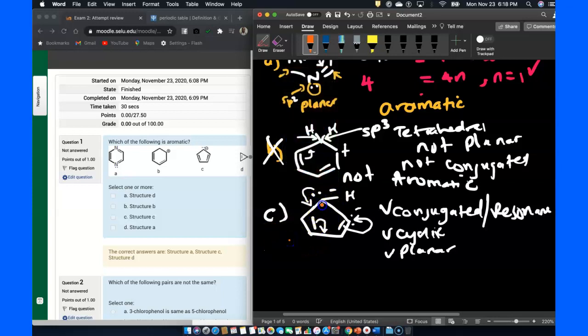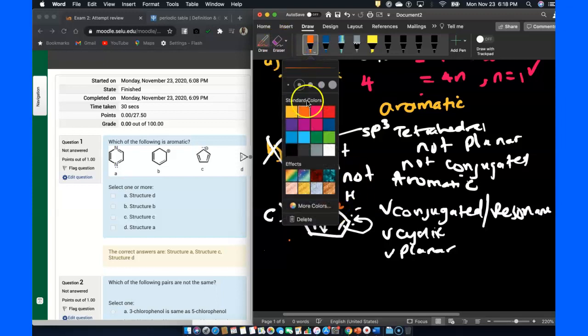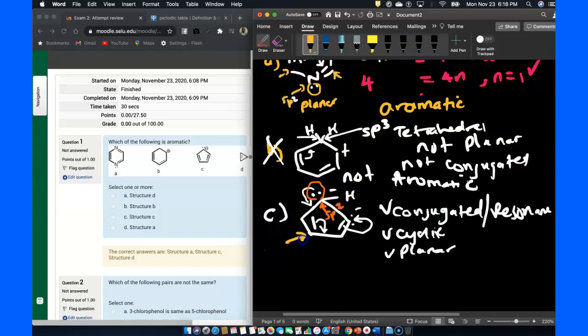This carbon right there is having 3 electron domains. I'm not counting the lone pair because this lone pair is taking part in resonance. It's not available to be counted. So I only have the 3 single bonds. So the carbon right there is sp2. That would have been the catch for hybridization. You would think it's not sp2.